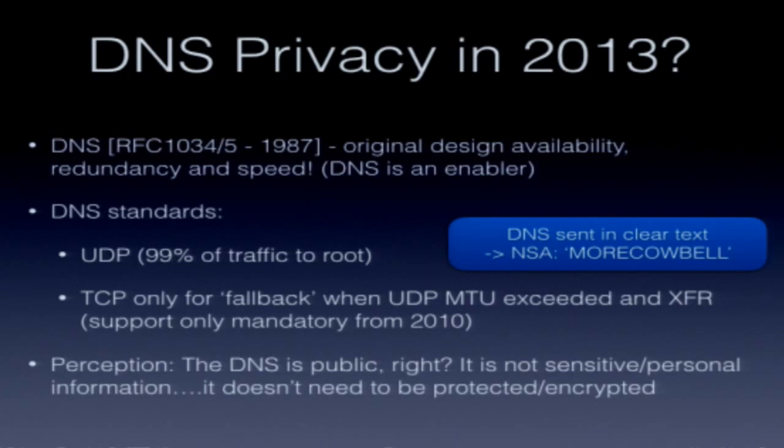In privacy terms, the DNS is described as an enabler. It's a system that you use to get to other services. If you want to get to a web page, you go via the DNS. You want to email somebody, you go via the DNS. So that's where it sits. Now, it was still true of the standards in 2003 that the standard transports for DNS were UDP and TCP.